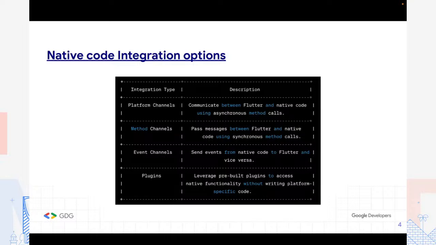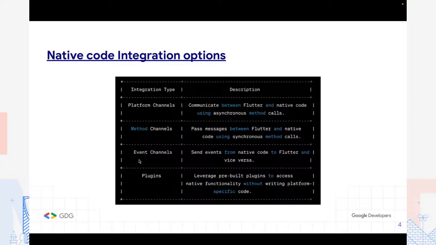How is Flutter going to know what it has to do with that code? That is done using the platform and the method channels. Platform here is asynchronous, it uses asynchronous method calls, and the method channels use synchronous method calls. When we explore with the example, you'll get a better idea.